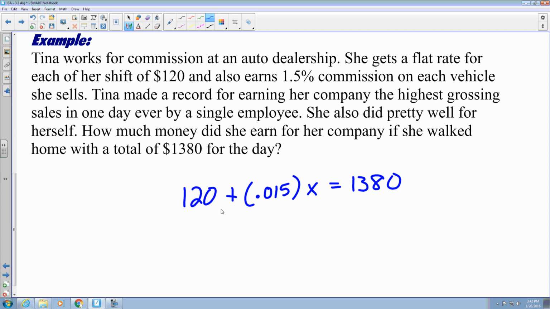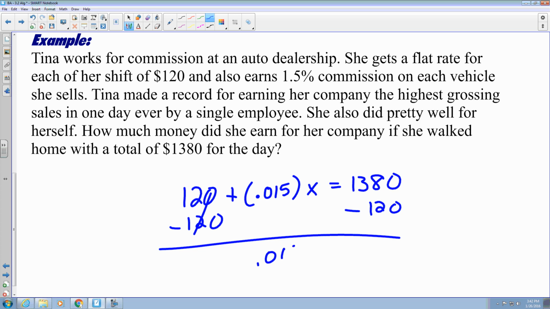But we do know that she took home $1,380. So from here, we get to subtract 120 from both sides. This leaves me with 0.015x. That's going to equal 1380 minus 120. Then that's going to be 1260. Final step is to divide 0.015 to both sides. And that gives me x is going to be 84.